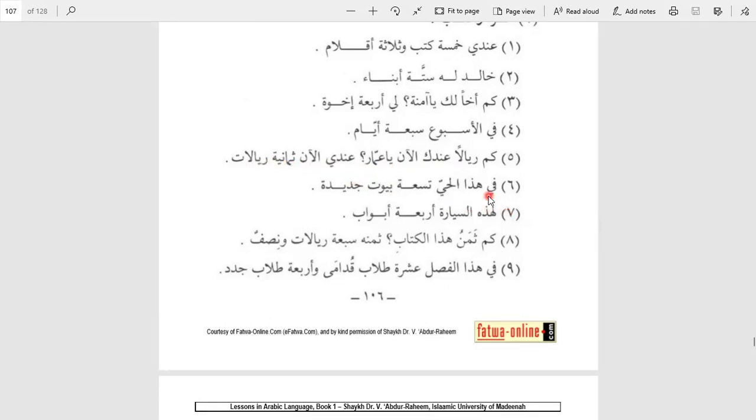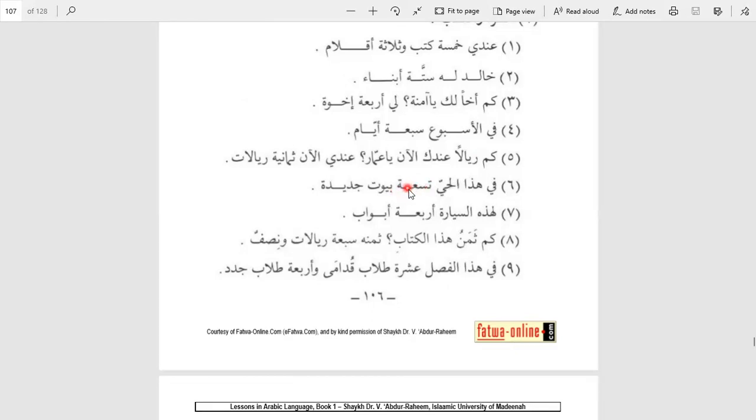And fi hadihi, it's hadihi because this is what we call badal. It's a substitute. When a definite noun comes after ismu ishara, we call it a badal. So it carries the same case. This is majrurun because hada is majrurun. So fi hadihi tisa'u.